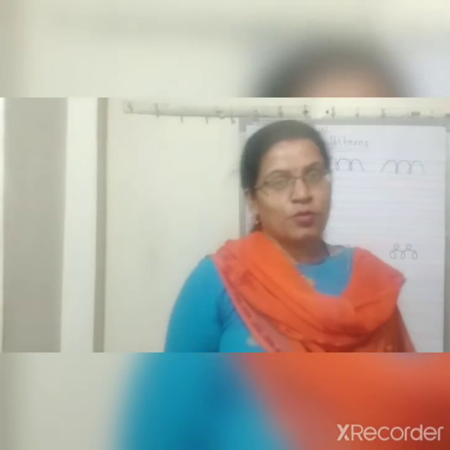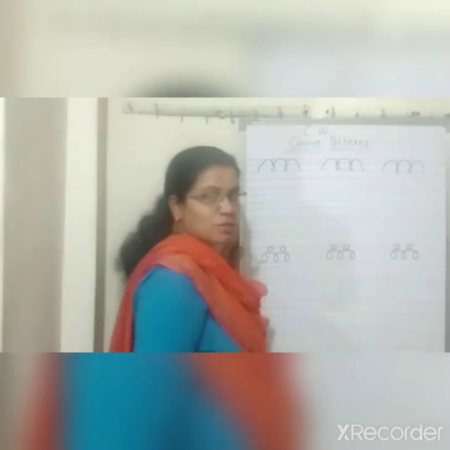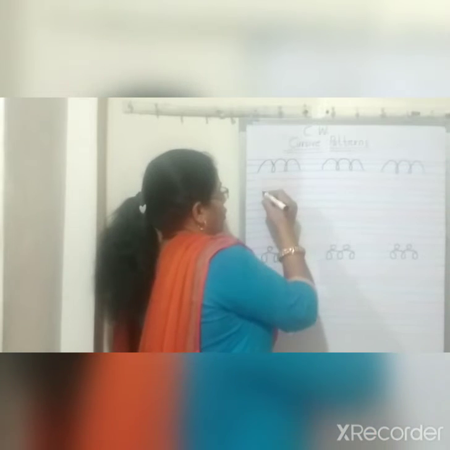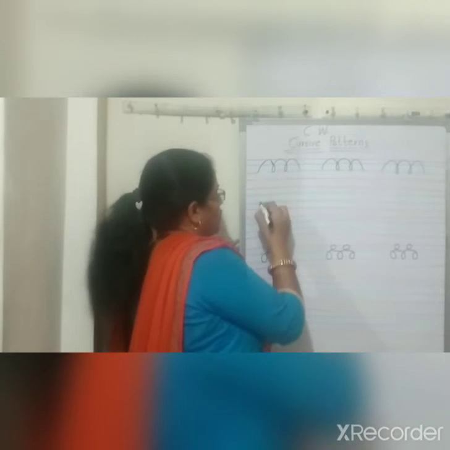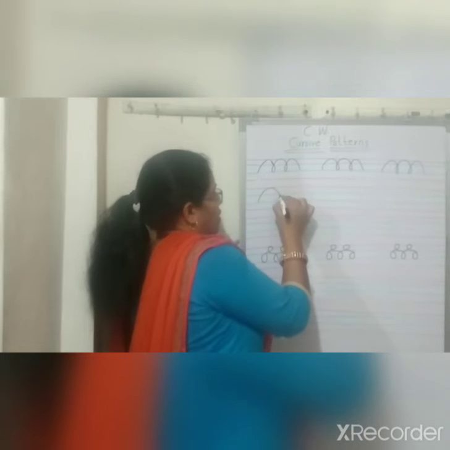Now let's move on to the next pattern. These 2 are the last patterns for the day. The last one is quite difficult for you. Let's do the first one. From the 3rd line we will start.